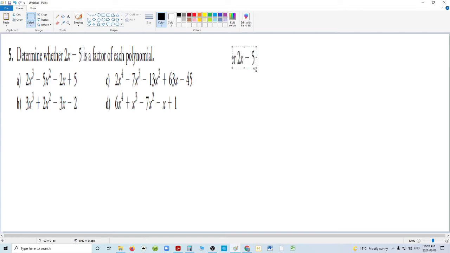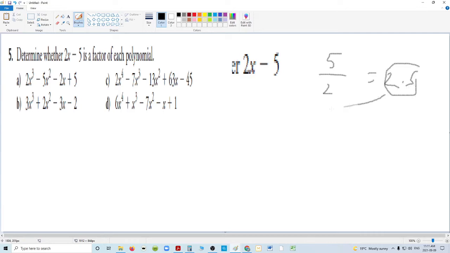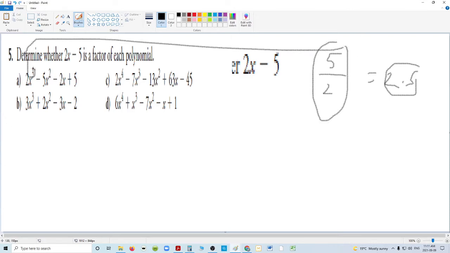The root is 5 over 2, which is the same as 2.5, which means I have to plug in 2.5 into these polynomials over and over again, or 5 over 2. I have to cube it and square it and all this other stuff. So you can see that it's quite annoying.